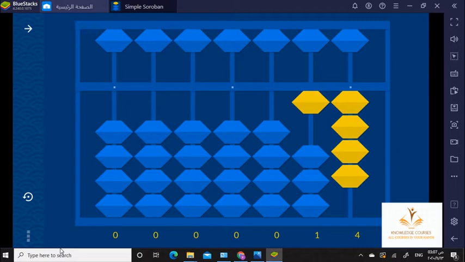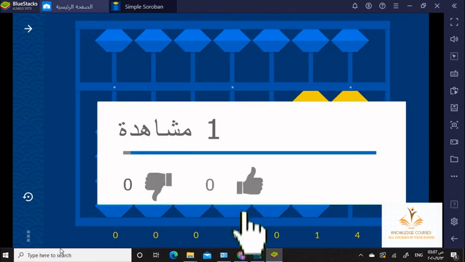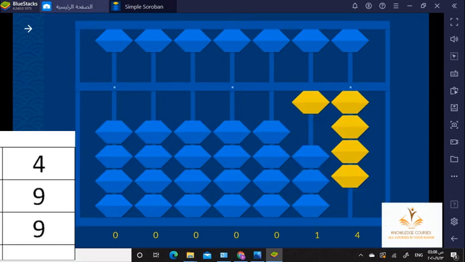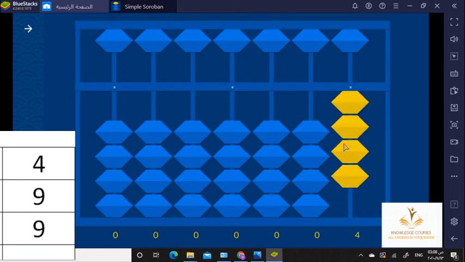We can use these rules in adding three numbers. I can see that in this example: 4 plus 9 plus 9. 4 plus 9, I can't represent this 9 in the unit.